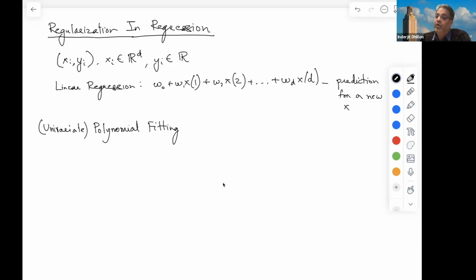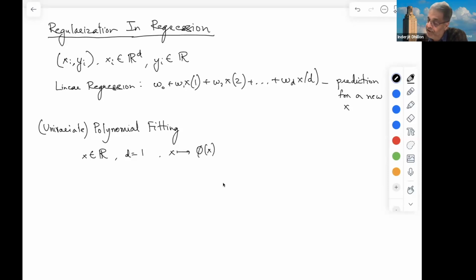In this case, we have just one single value of x, so my d is equal to 1. But what I will do is derive some nonlinear features from x. So I will take x and map it onto something called phi of x.